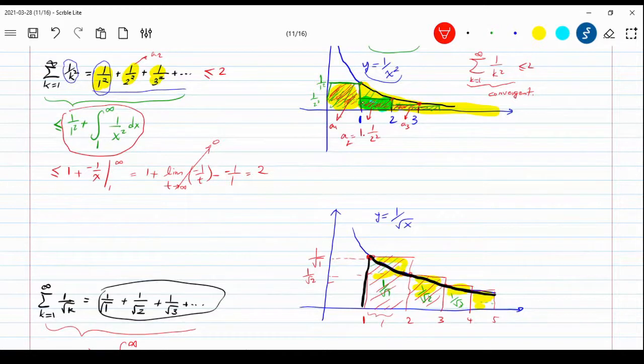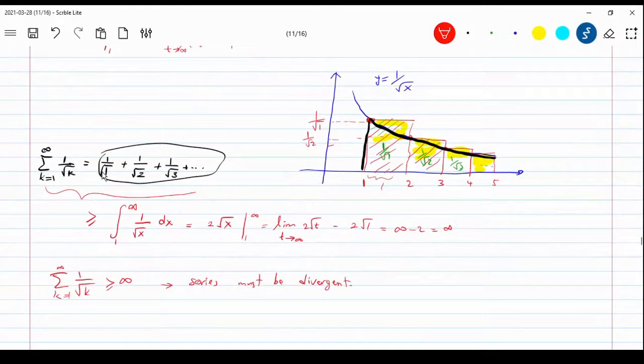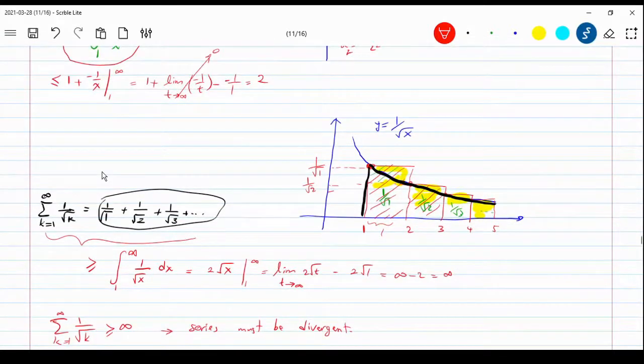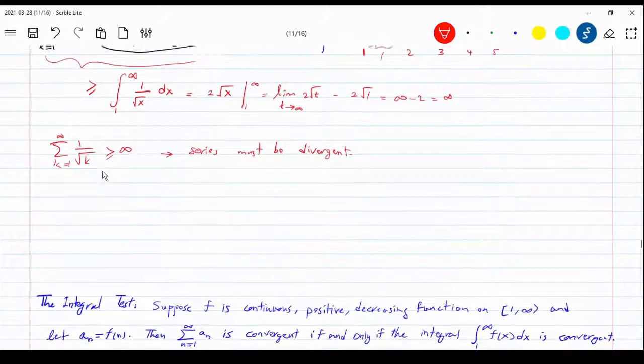But realistically, it doesn't really matter if it's an underestimate or overestimate, because you can always assume that, instead of using this rectangle to represent, I will use that rectangle to represent. So if this integral is divergent, then that tells you the series must be divergent. If the integral is convergent, if the integral does exist, that tells you the series must be convergent.